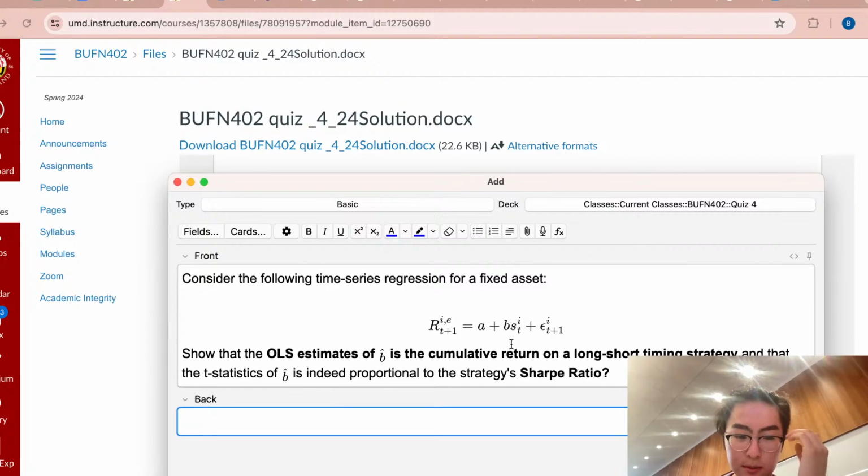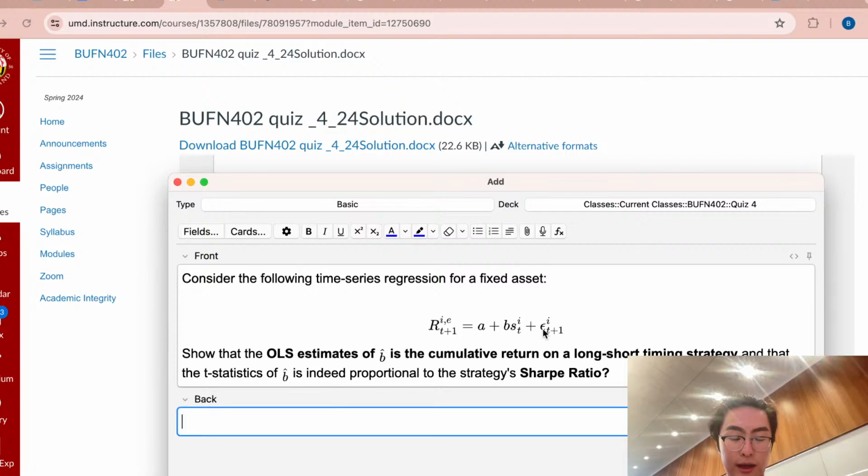On how to explain this, but if we were to break down this problem, like I said before, you have a signal here for asset i, and you have that signal at time t. You're trying to use that signal to predict the returns at time t plus 1. And then you also have some alpha and maybe some noise.